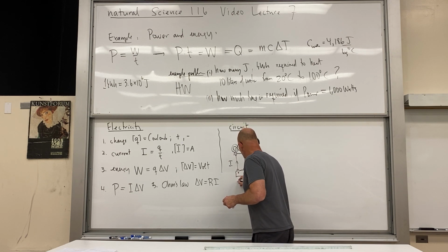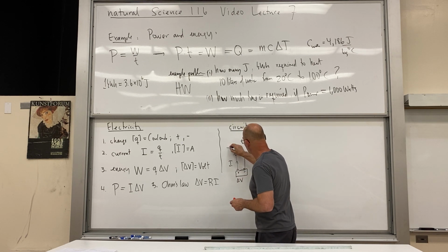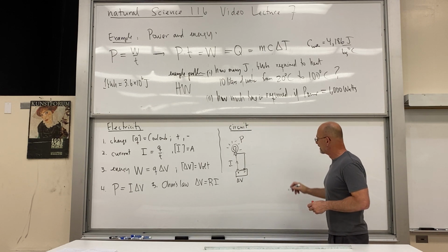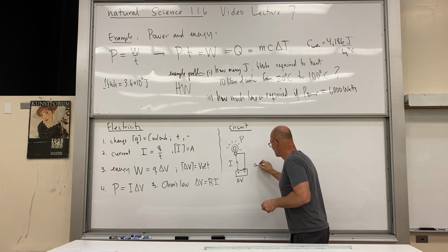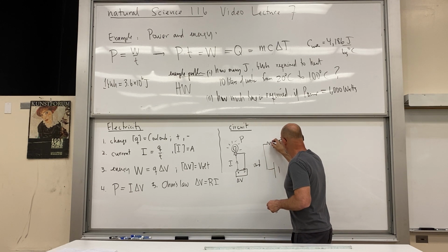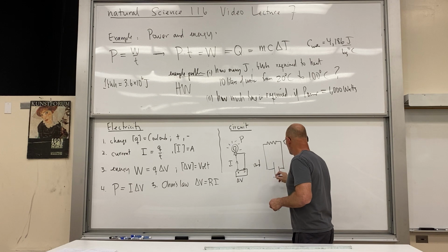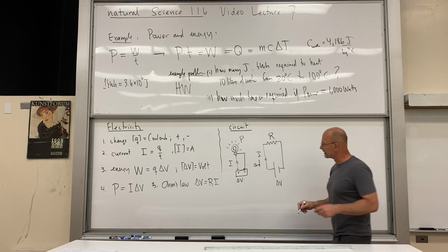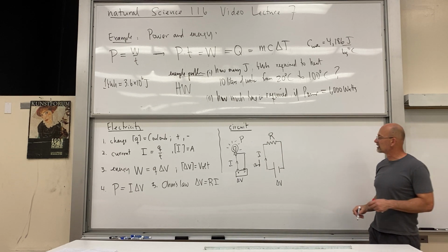There's the current, there's the delta V, there's the power, and if we do the schematic diagram, there's the delta V, there's the current, there's the resistance, there it is, it's all there in a nutshell.